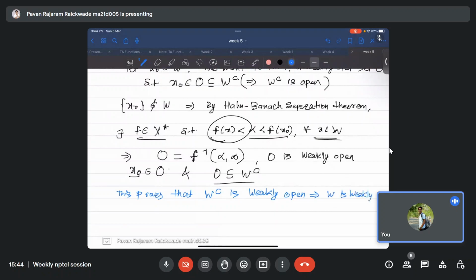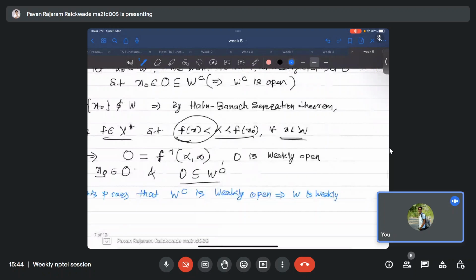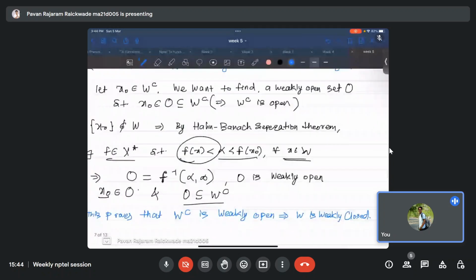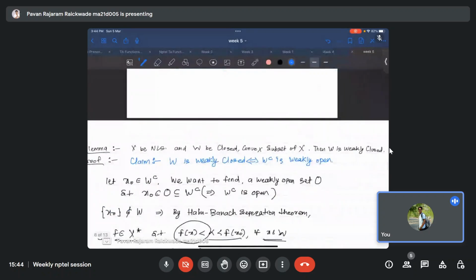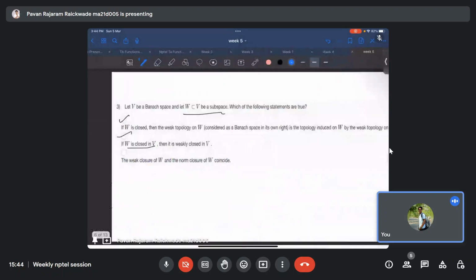So what's the gist of this theorem? A norm closed convex subset of a normed linear space X is weakly closed. This is the theorem. So by that we can straight away take the second option: W is closed, which implies W is weakly closed.